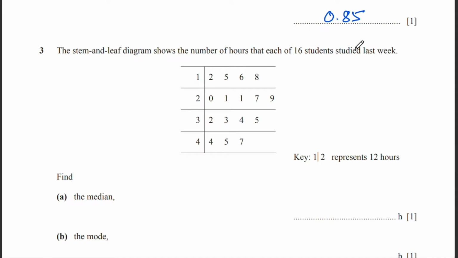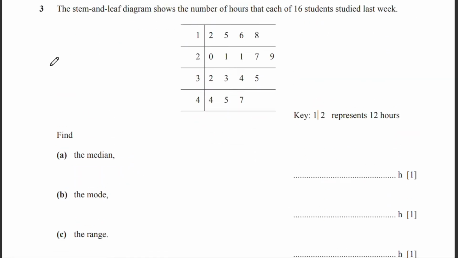Next question. The stem-and-leaf diagram shows the number of hours that each of 16 students studied last week. The key is 1 oblique 2, which is 12 hours. So you can see this is 12, 15, 16, 18, 20, 21 and so on. Find the median. There are a total of 16 students. 16 divided by 2 is 8. So we take the 8th and the 9th observation and then take the mean of them.